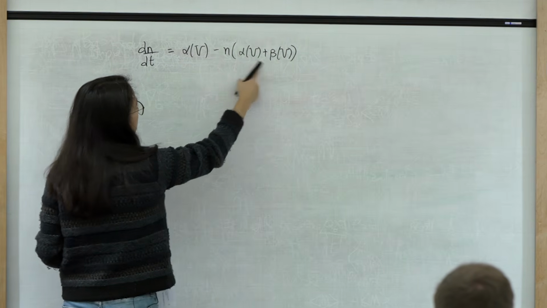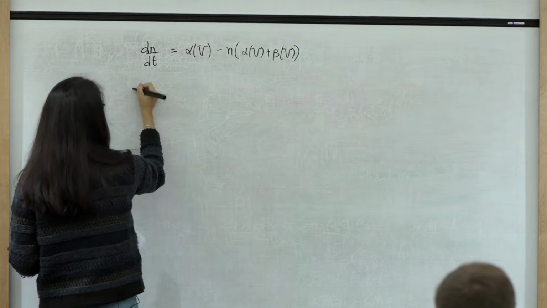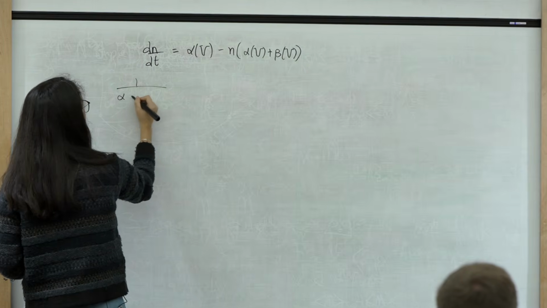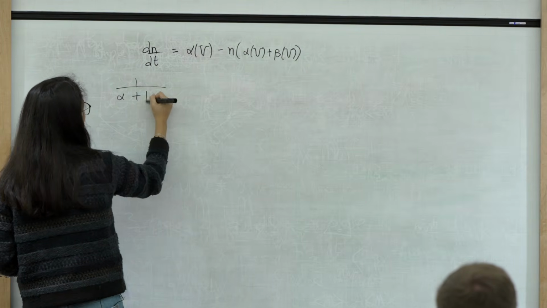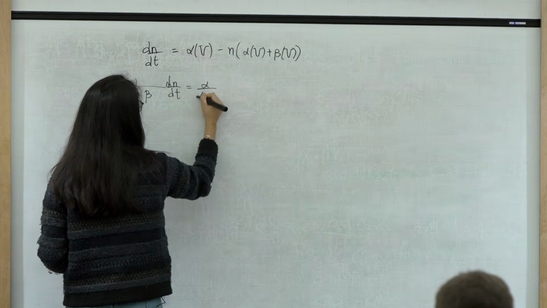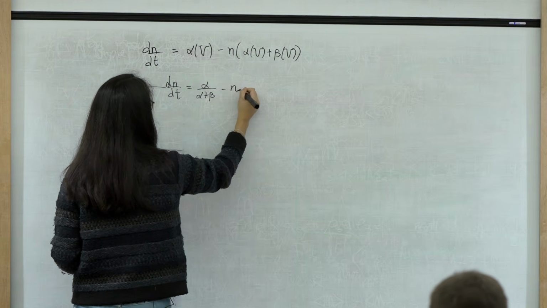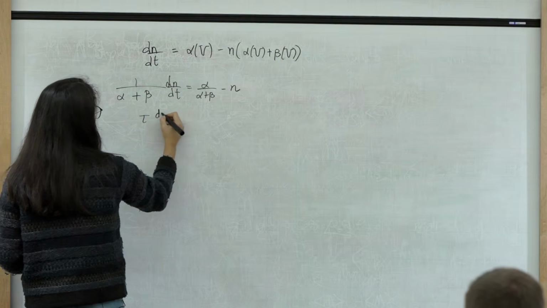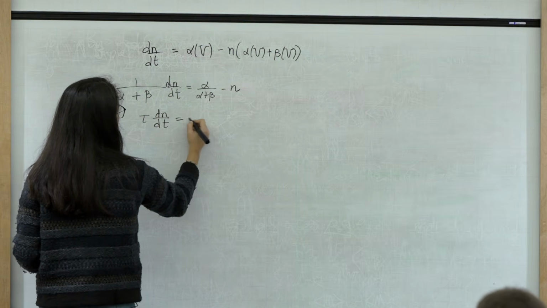I will divide through by this alpha plus beta, and I'm going to arrive at the following equation. I'm going to drop the V so that I don't keep copying it all the time. And this I will be writing sometimes as this.